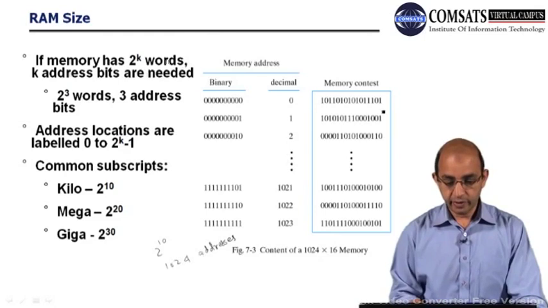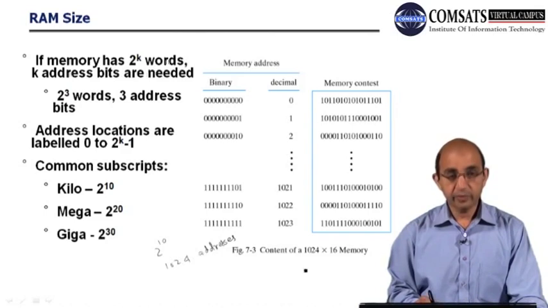And this is the length of each word, 16 bits or 2 bytes. So how do we calculate the size? That is 2 raised to power 10 into 16, that is 1024 into 16. That is the size.